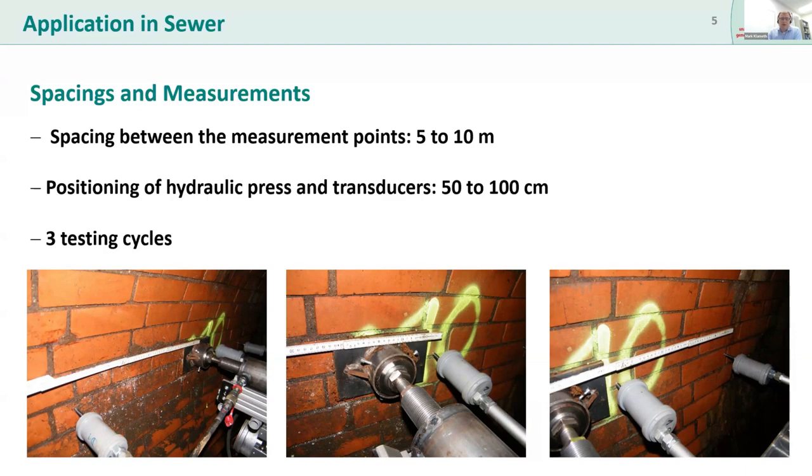And you're usually doing 3 testing cycles. The first one is to properly fix the press at the wall. The second is the actual measuring procedure, and the third one is to determine whether it gives the same results as the second one.